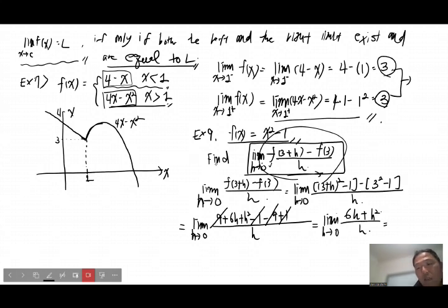You can take h out of the numerator and denominator, and that should be the limit as h goes to 0 of 6 plus h. Now you need to plug h into the expression. If you plug 0 into h, that should be 6 plus 0. That answer is 6.